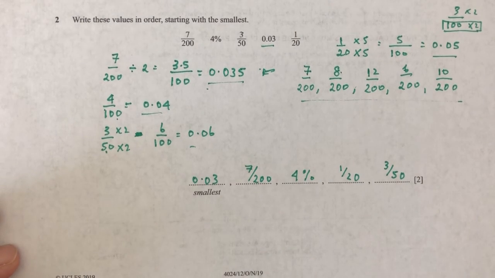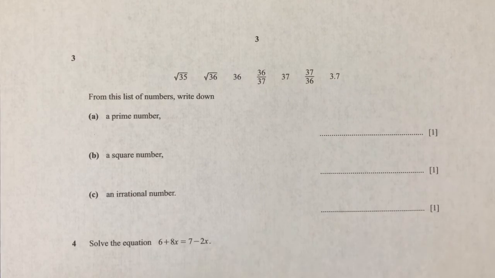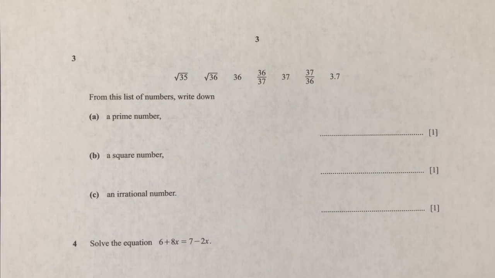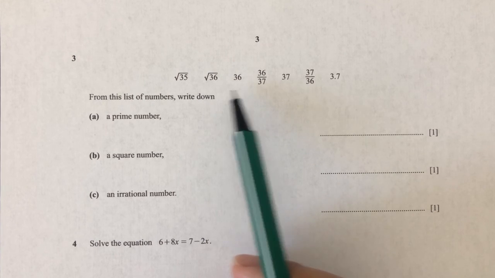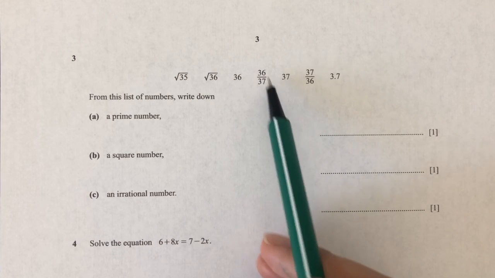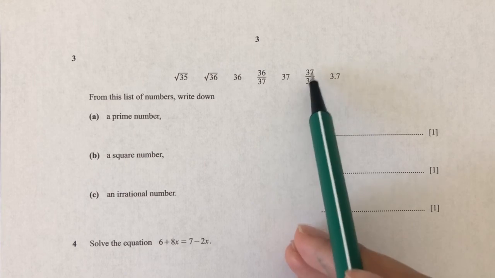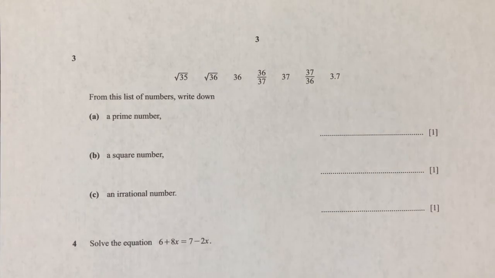So now let's go to question number 3. From the list of numbers, write down part A, a prime number, part B, a square number, part C, an irrational number. So we have a list of numbers: square root of 35, square root of 36, 36, 36 over 37, 37, 37 over 36, 3.7. So write down a prime number.